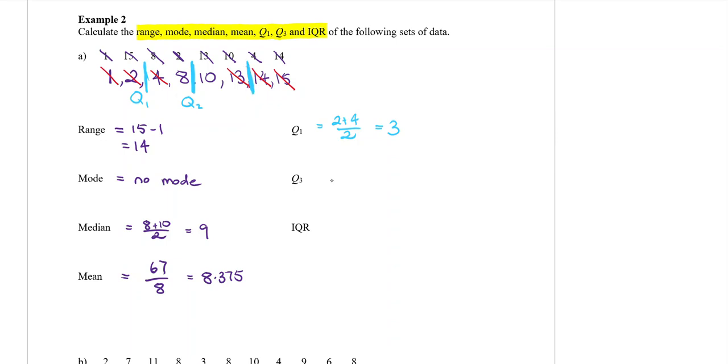So add them together and divide by 2 means 13.5 is my Q3. And I can write that up here as well. So you can see the Q1, the Q2, Q3. And what has happened with those blue lines, have a look. I have divided my data into 1, 2, 3, 4 groups, which is why we call them quartiles.